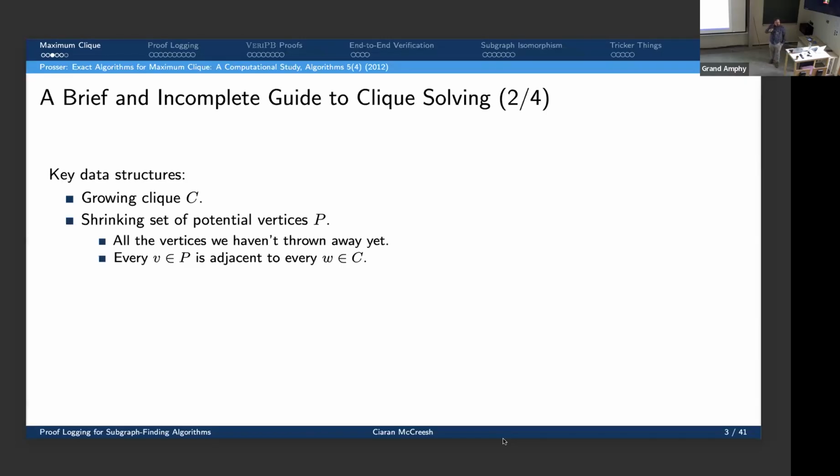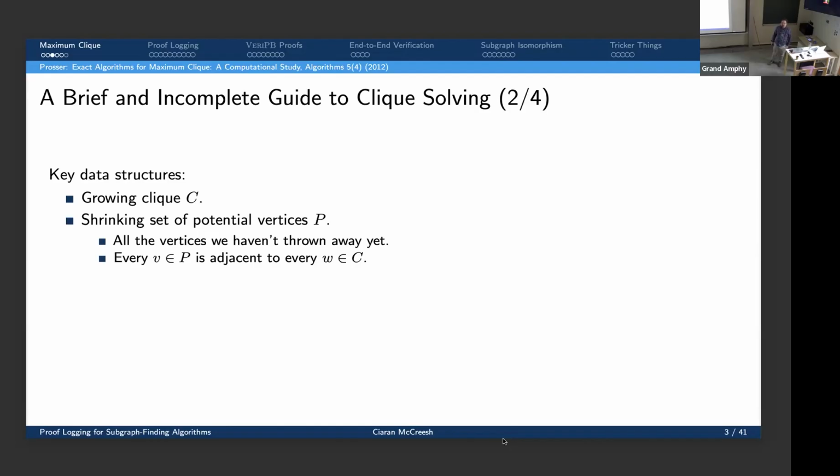So we have 2 data structures. In the literature, these tend to be called C and P. C is the set of vertices that we have accepted so far. And these vertices always form a clique, not necessarily a maximal or maximum clique, but everything in C is adjacent to everything else in C. And then we have a set of potential vertices, this is P. The P set is everything that we haven't thrown away yet.